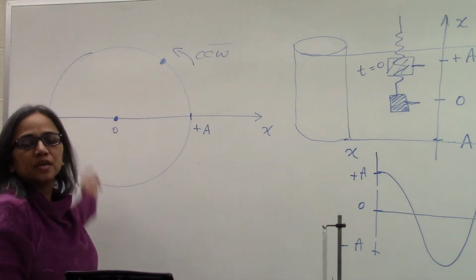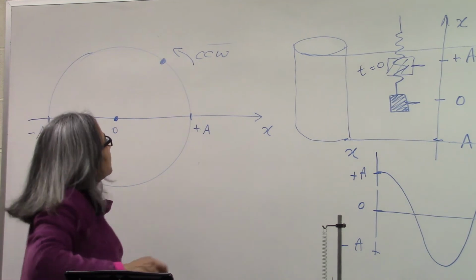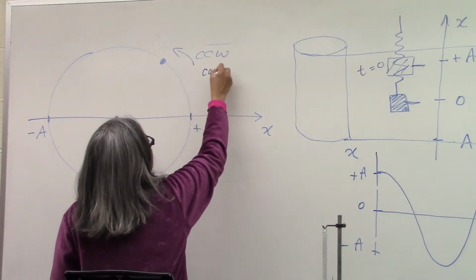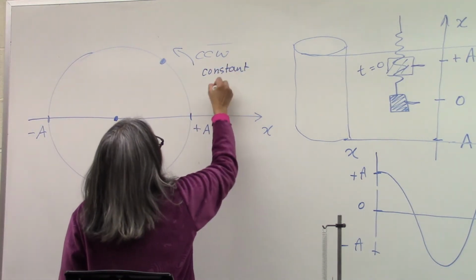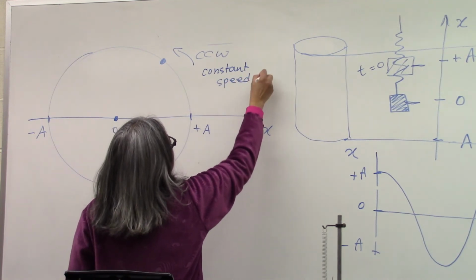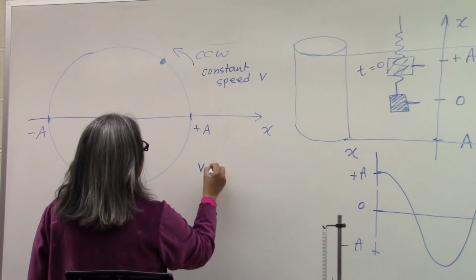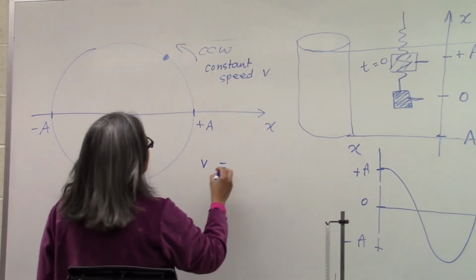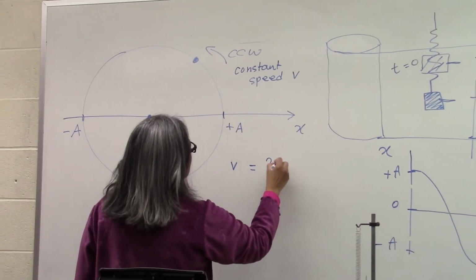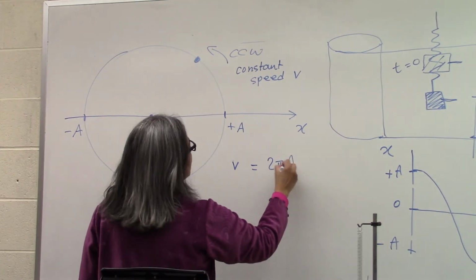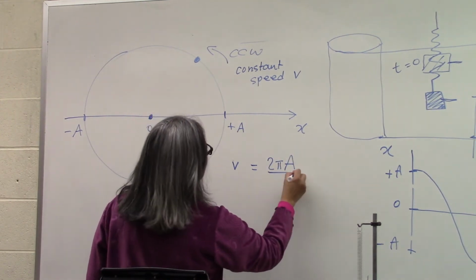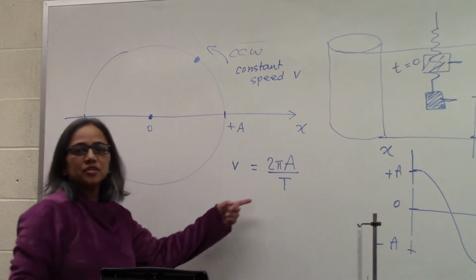And this object is circling, and let's say it's circling at constant speed. Let's also make the declaration that that speed is equal to 2 pi A divided by T. And you can see what this is.